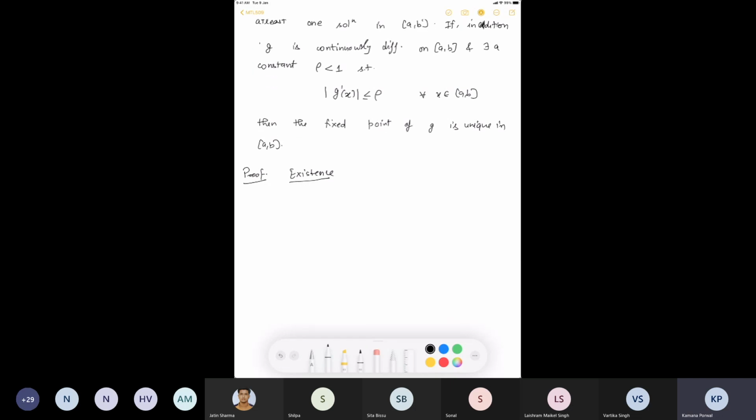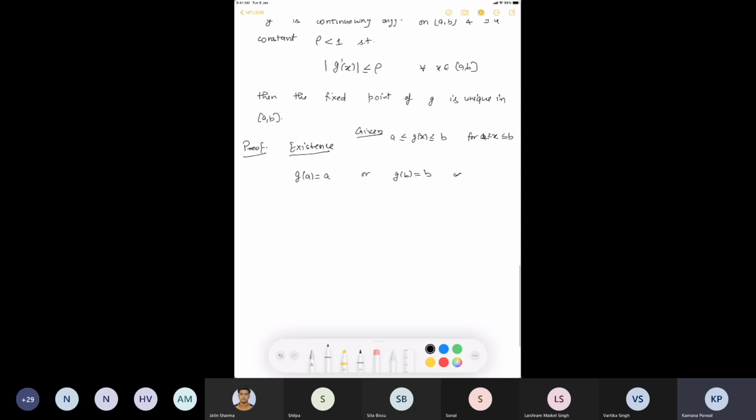Suppose we have g(a) equal to a or g(b) equal to b, because we know that g(x) is always lying in the interval [a, b]. Suppose either of these two cases occurs, then of course we are done. If g(a) is equal to a, then a is the fixed point, or if g(b) is equal to b, then b is the fixed point. So if this happens, then we are done.